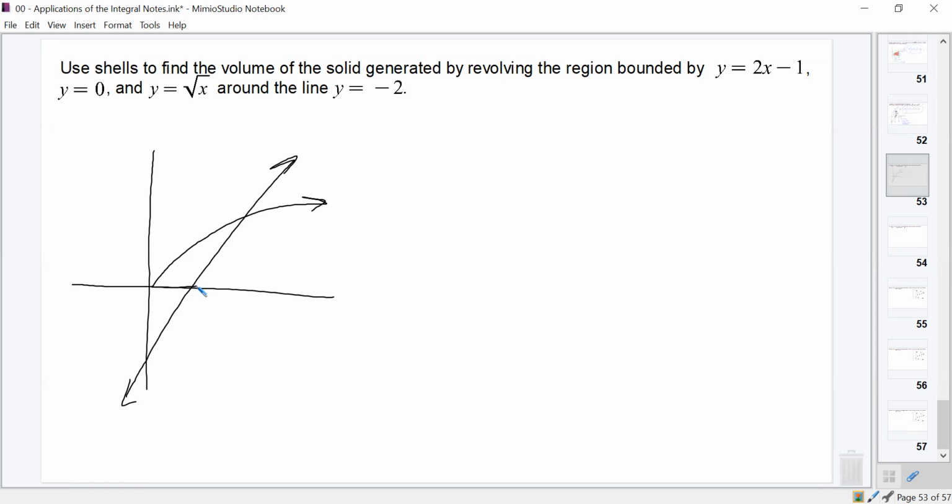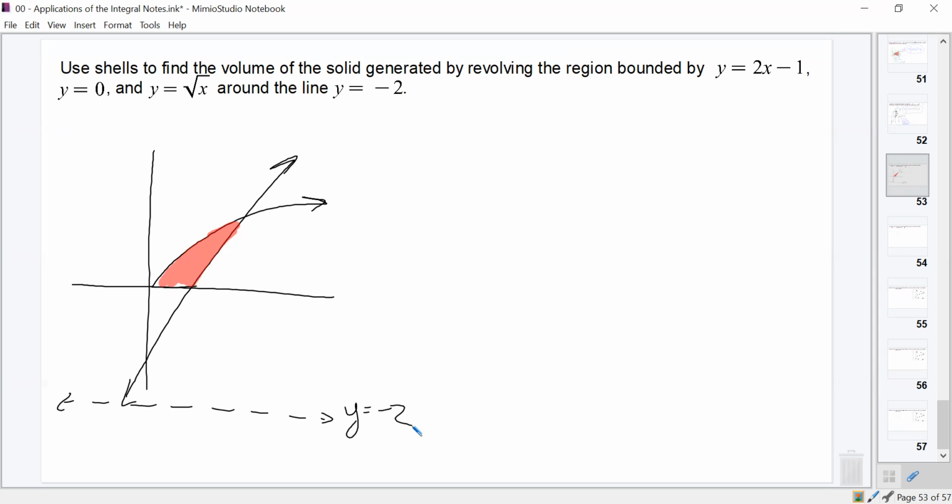So we're talking about this region right here. And we're going to revolve it around the line y equals -2. And so y equals -2 is somewhere down here below where the 2x minus 1 hits the y-axis.